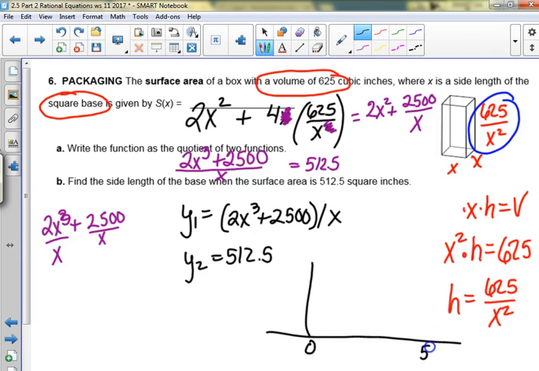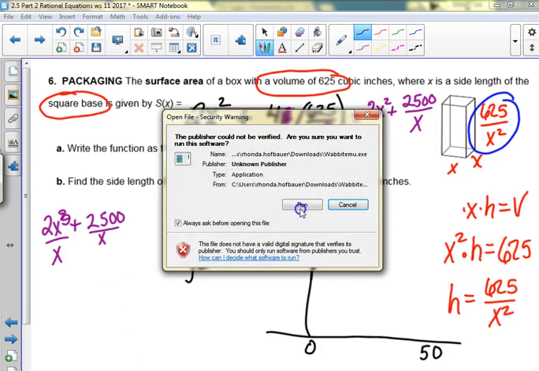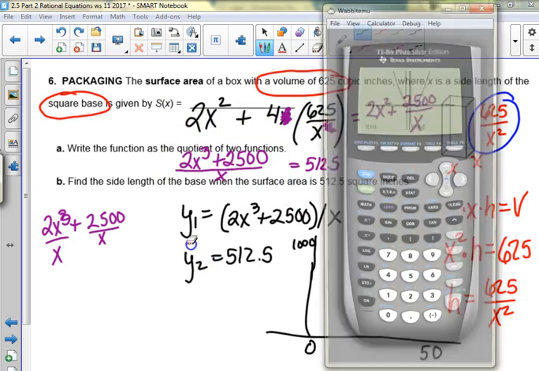Nope. We might try 0 to 50. I'm pretty sure 50 is way too much, but how high is it going to go? Well, we want to know where it hits what? 512.5, right? Could just make it 513. I was thinking I might just go like 1,000. Yes.